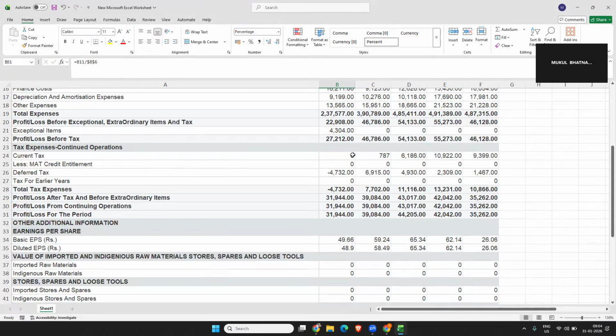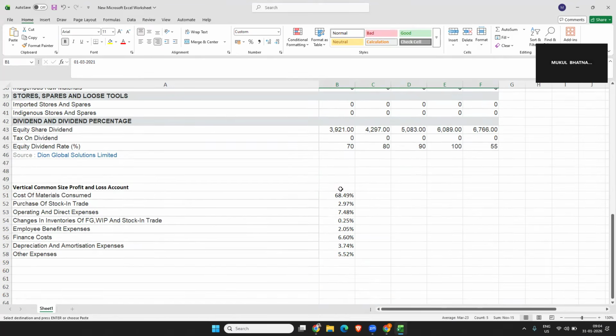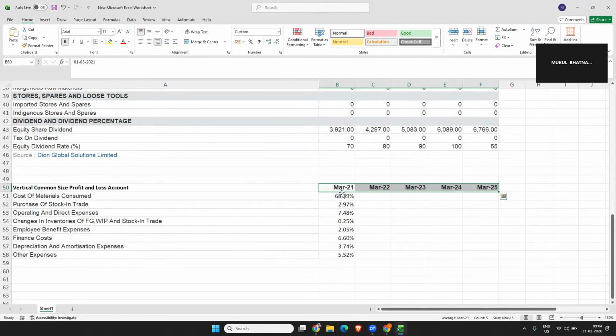Now, this is for the first year, that is March 2021. I need to repeat this for every year. If I scroll it down here, again there is an issue that this B6 is fixed. It means the sales of March 2021 is fixed.